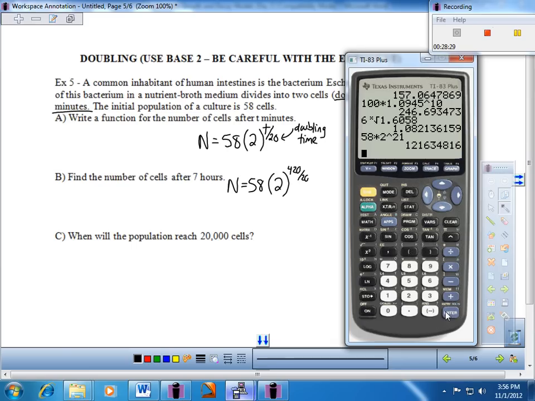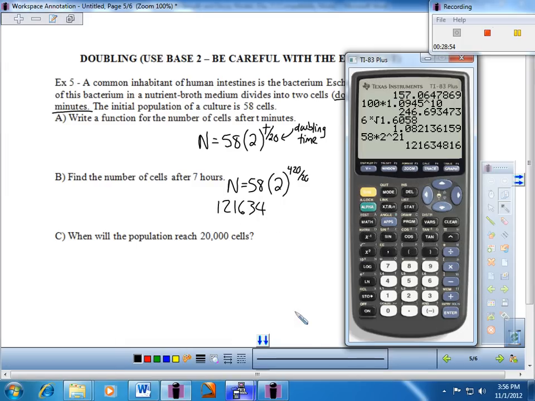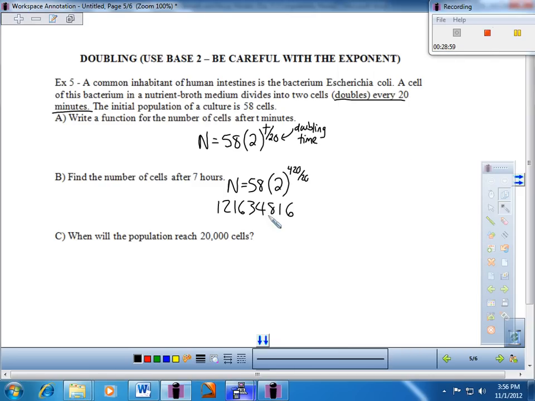So I might have to go back and forth here, but I've got 1216 times 34, 34816. So put those in, and looks like up to 121 million. Yikes. And you can see just after a short time frame, that's the power of doubling for sure. Okay, so given the input, just make sure you're in the right units. Come up with the output.